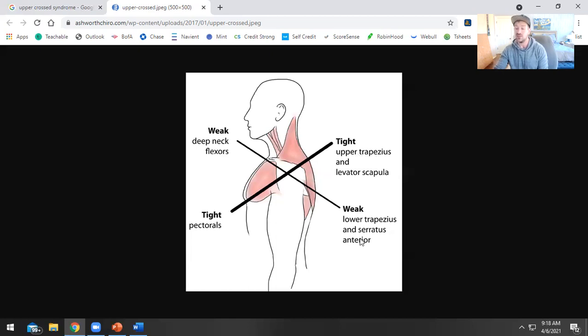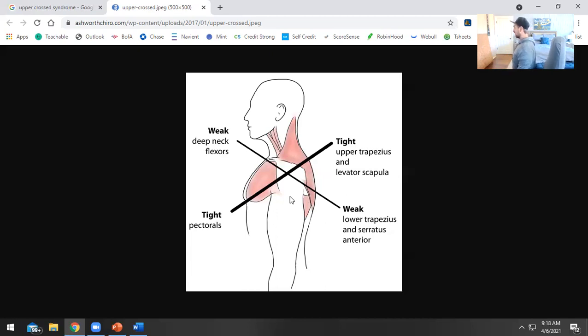And we see a weakness in the serratus anterior, which are these little muscles underneath the arms. You sometimes see the little fillets when people have a really low body fat percentage. That's the serratus, right? Those muscles are in charge of tilting your scapula back to neutral, as well as pinching your shoulder blades back.